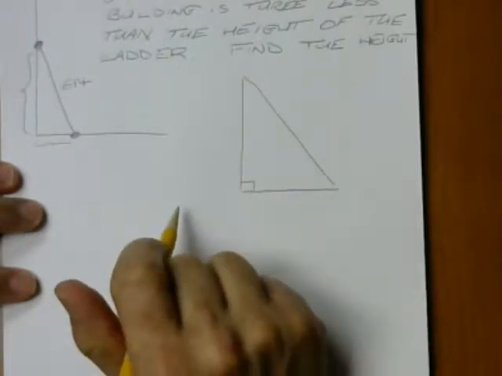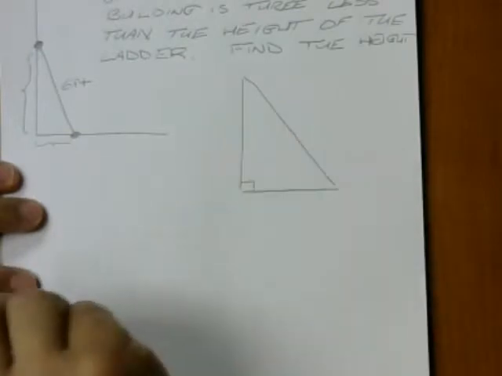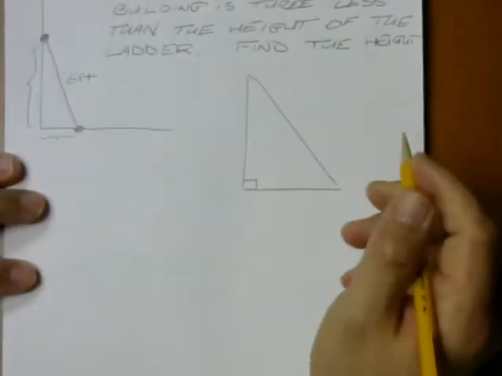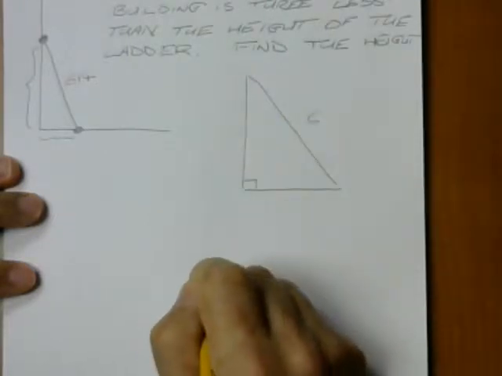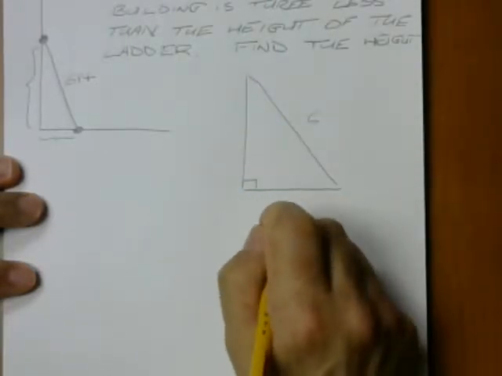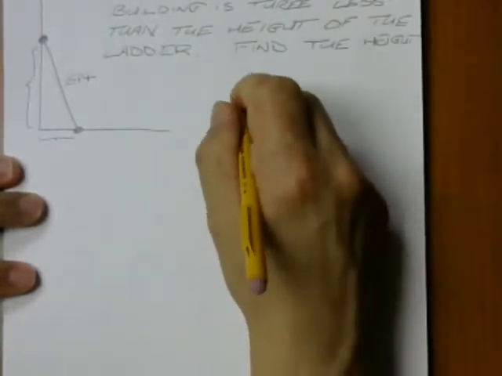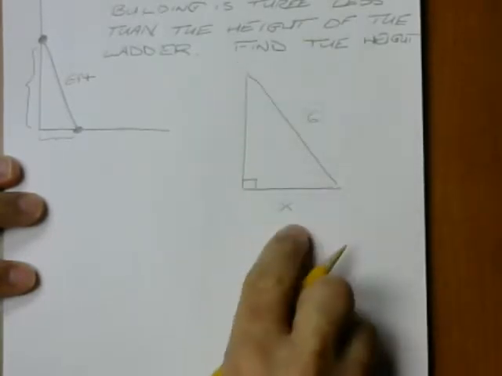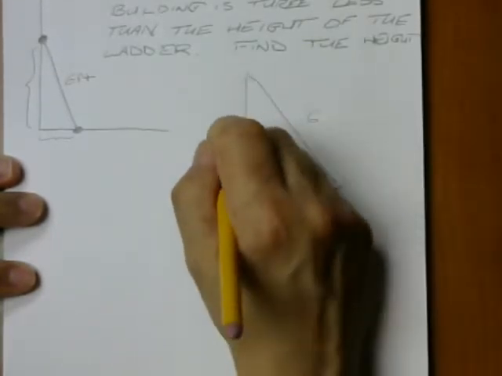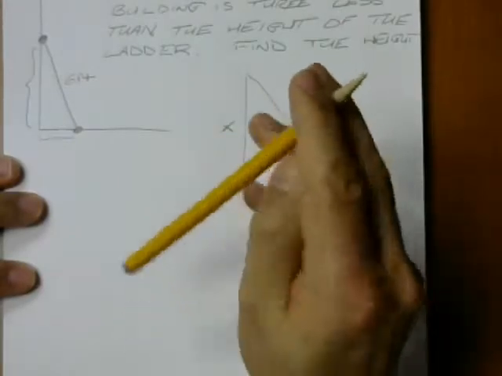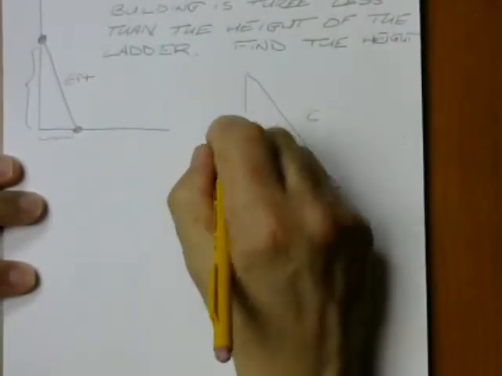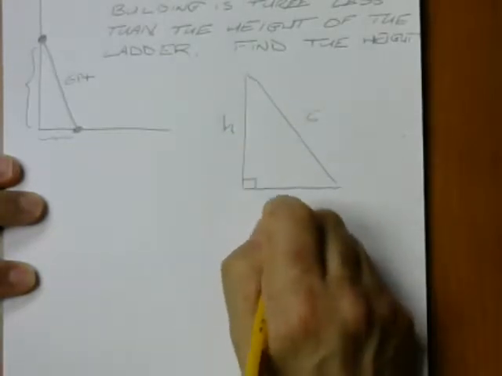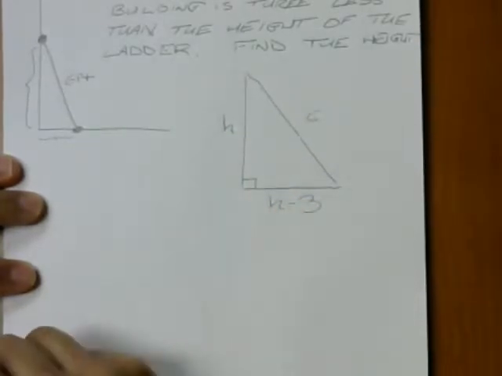And there's a rule that connects this side and this side and this side that most of you probably know, called the Pythagorean theorem. So if this is 6, and this distance on the ground is x, and this distance, well, this is 3 less than this. So maybe I'll make this be x. Or you know what? Let's not use x at all. Let's use h for height. So if this is the height, this is the height minus 3.